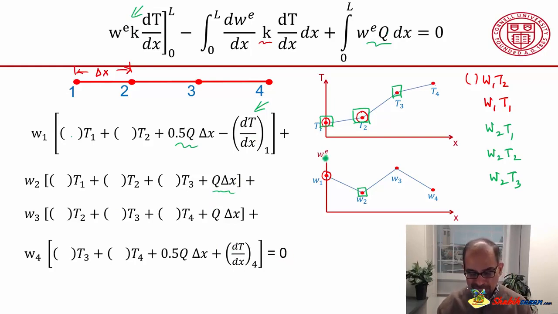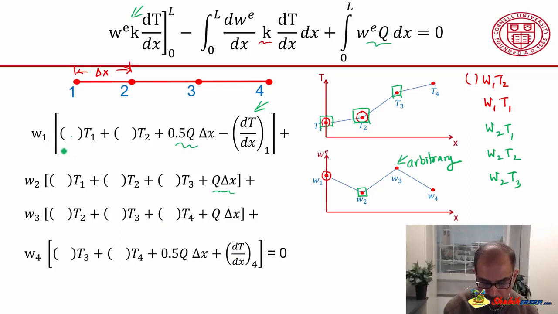Now we are trying to satisfy this for arbitrary W, which means that our nodal values here, these are arbitrary. So if you want this to be equal to 0 for any values of W1, W2, W3, W4, the only way you can do this is if each individual term is equal to 0.